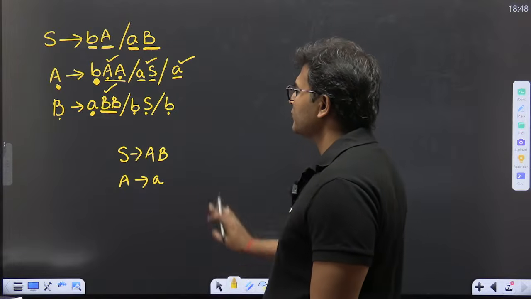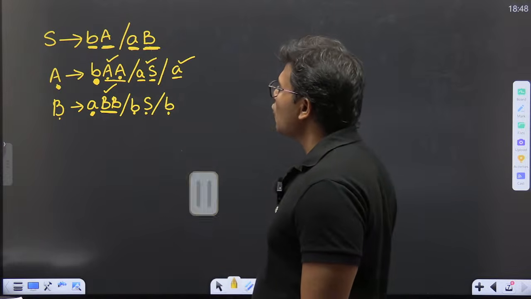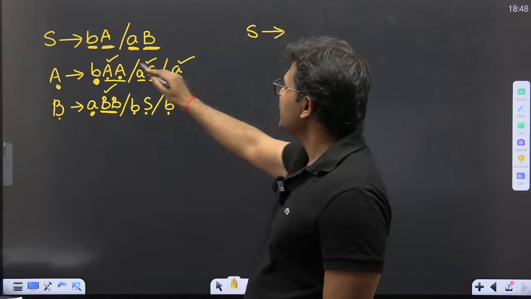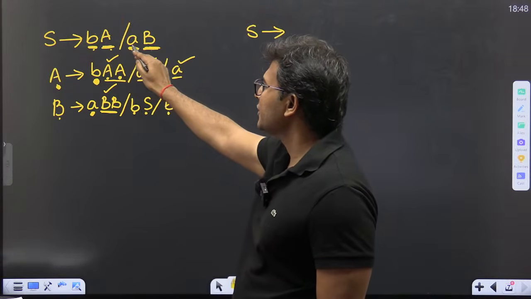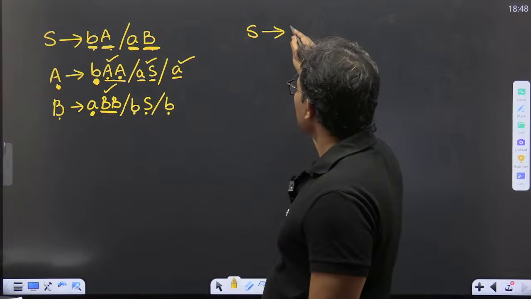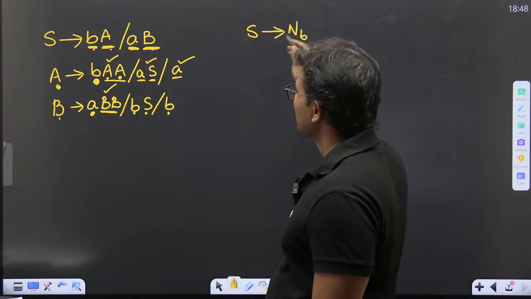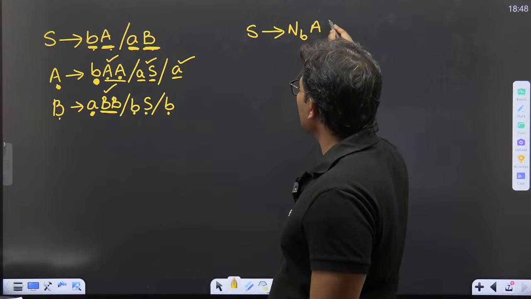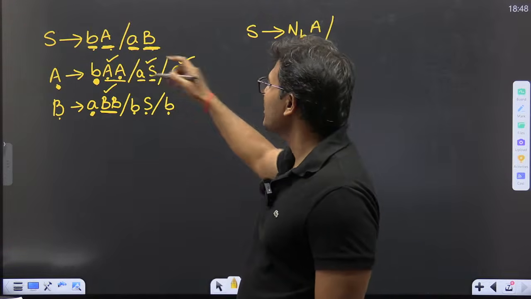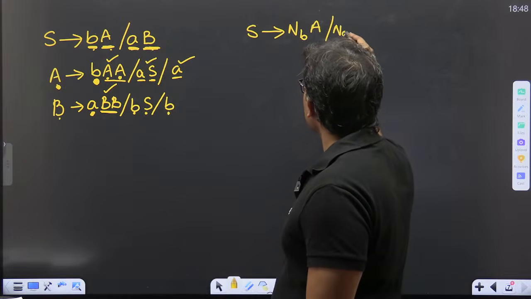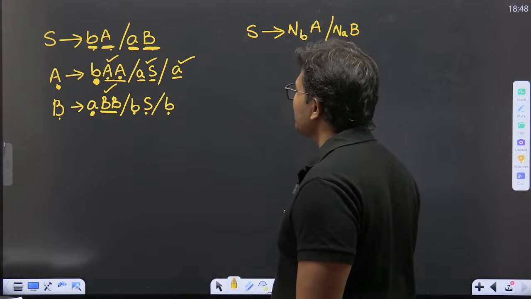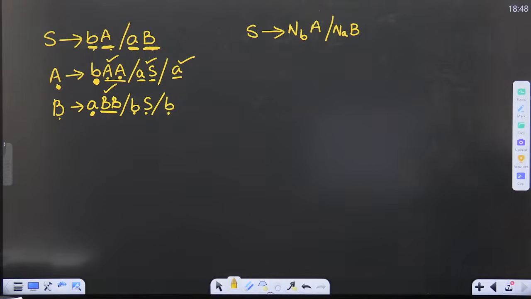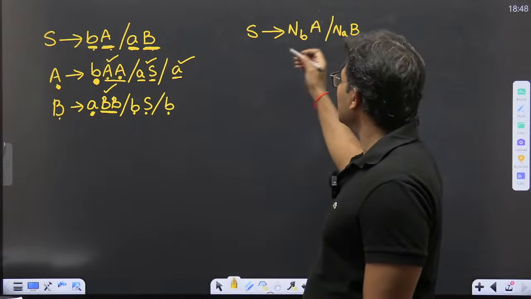Okay, so now see what are the violating ones. If I write S derives, here is a terminal, here is a variable, here is a terminal, here is a variable. Now I will write terminal in place of B, I will substitute NB, and in place of A, I will substitute NA, and then B and then B. Now what is NA and NB?